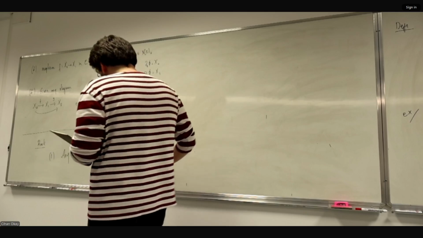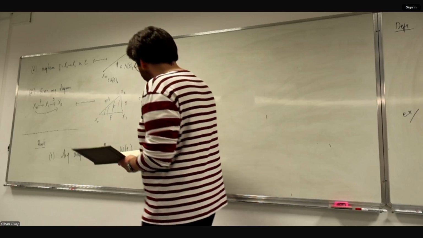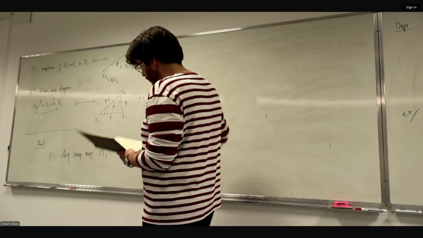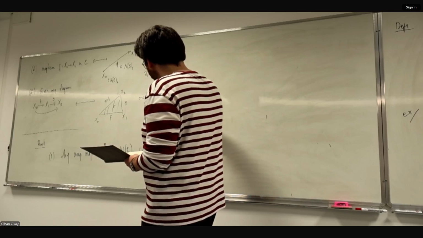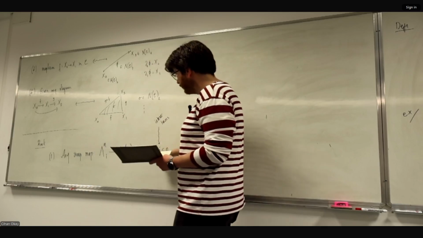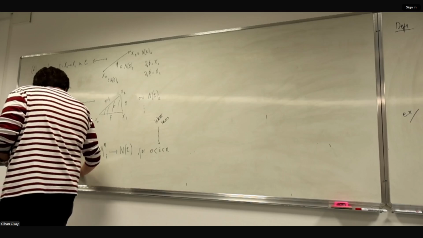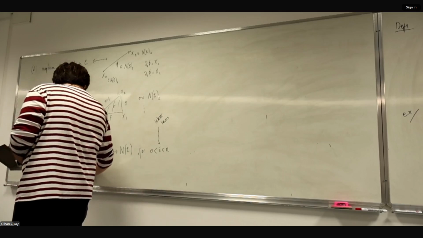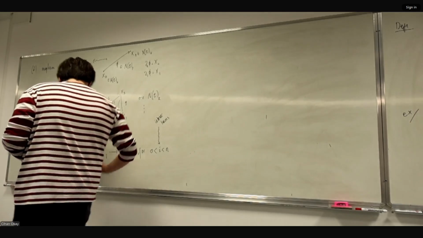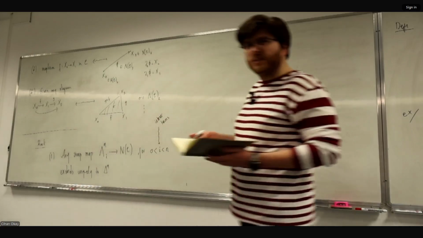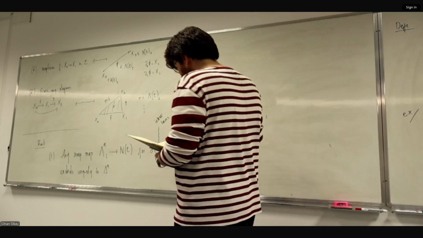We need to be a little bit careful, because this is true not for all i, only for what we call interior horns. So it extends uniquely to Delta n.